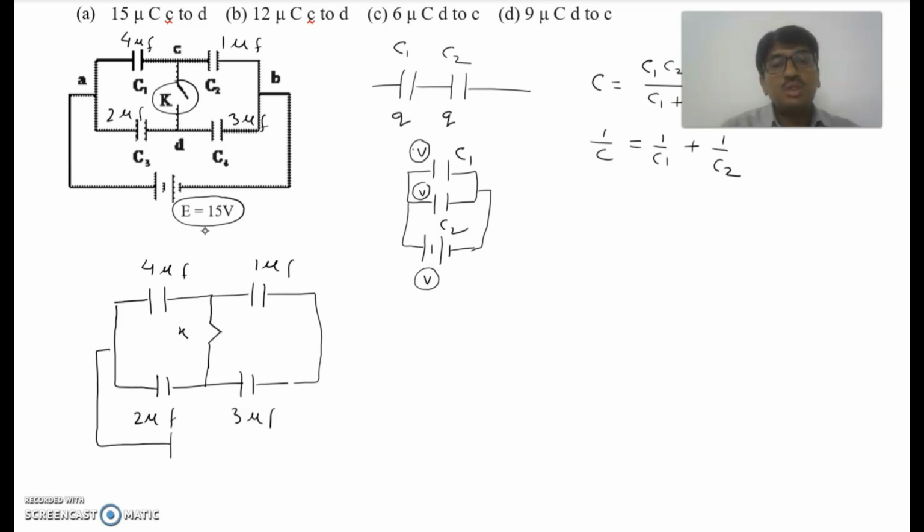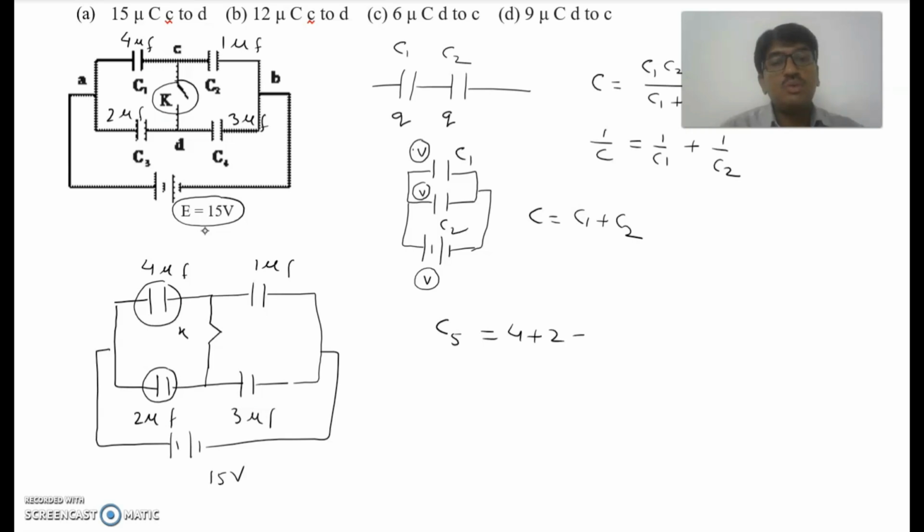Suppose this is the battery of 15 volt. In this situation, the 4 microfarad and 2 microfarad capacitors are in parallel, and in parallel the capacitance becomes C1 plus C2. After connecting 4 and 2 in parallel, suppose it becomes C5, which is 4 plus 2, 6 microfarad. And again 1 and 3 are in parallel.